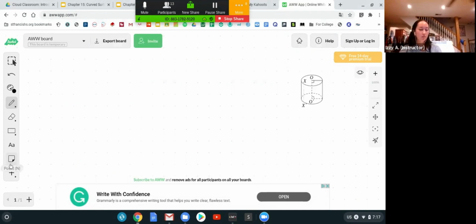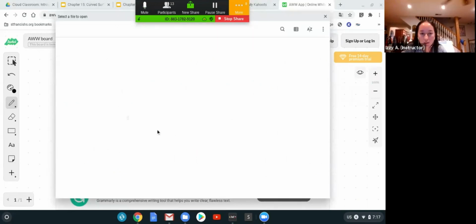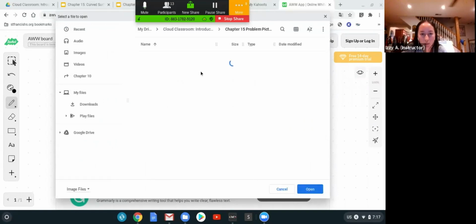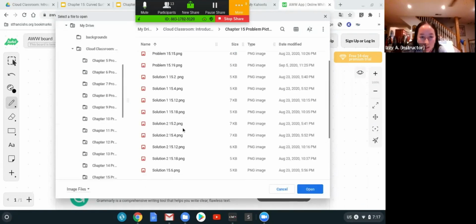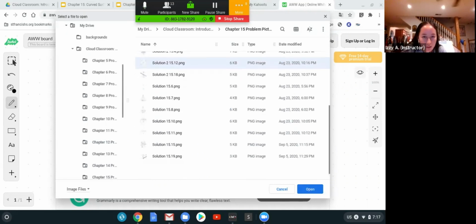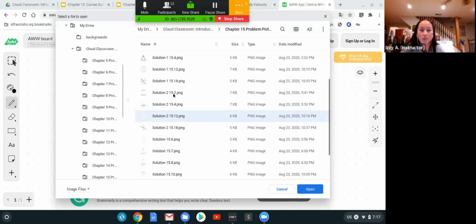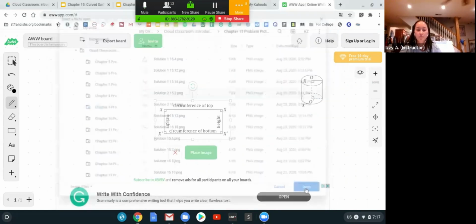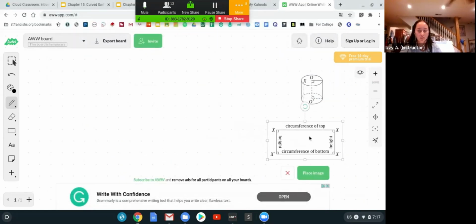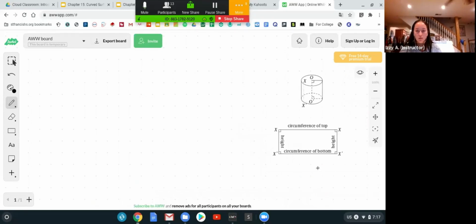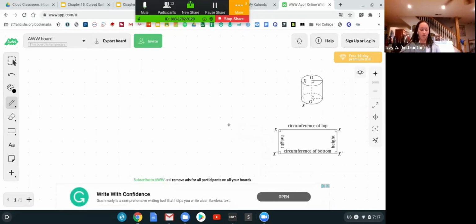So here's the first image, and then we have the second image. In case I have to write something out, I'll just have space over here.